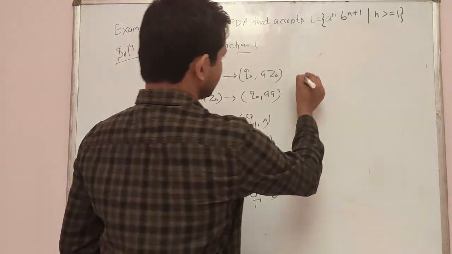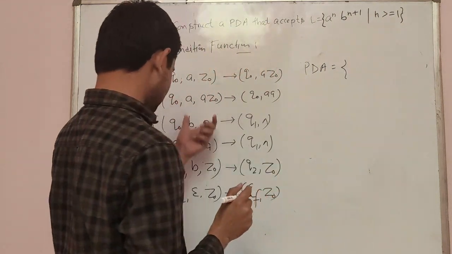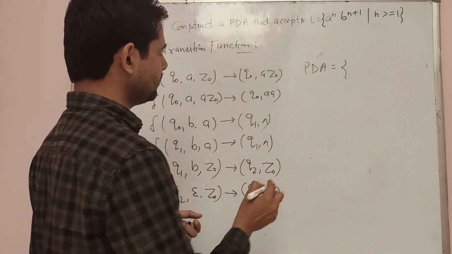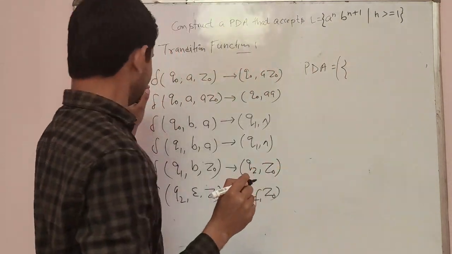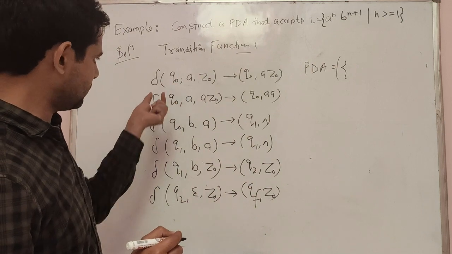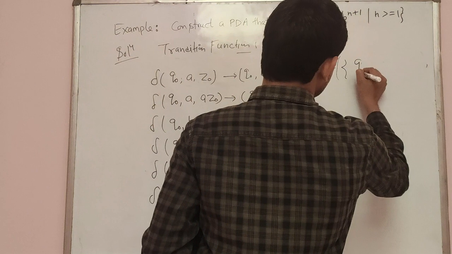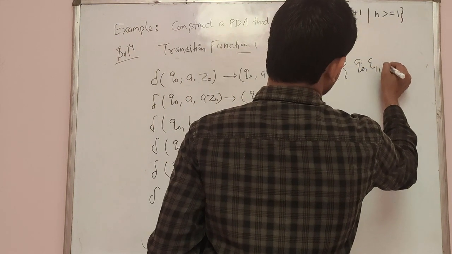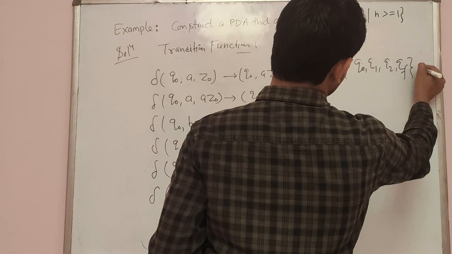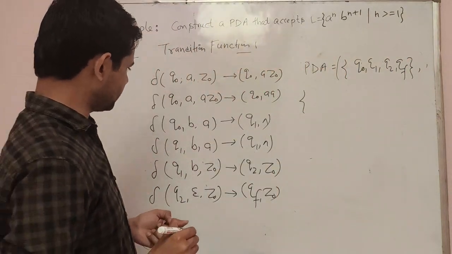Now we can write the pushdown automata for these transition functions. First we will write the set of states: Q0, Q1, Q2 and Qf. We use 4 states, right? Then we will write the input symbols.